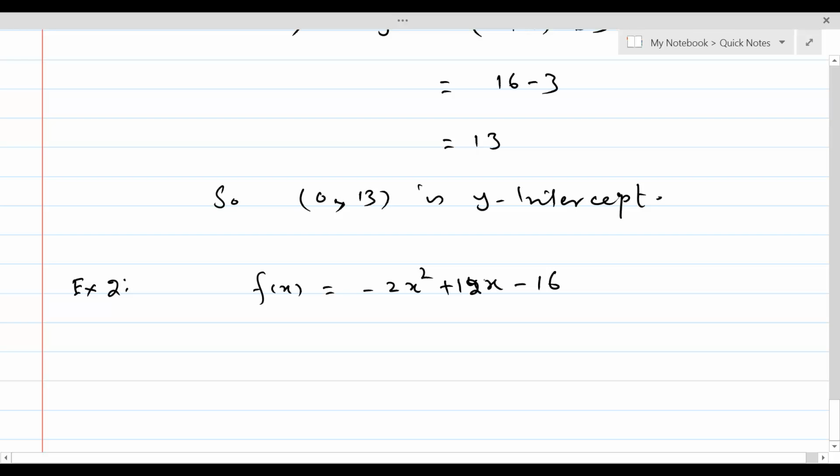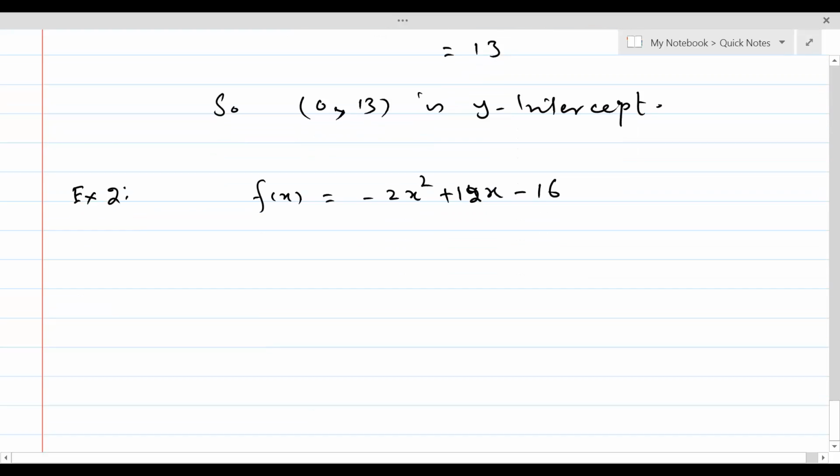If this is the given quadratic function, then before we complete the square, we have to make the coefficient of x square equal to 1.